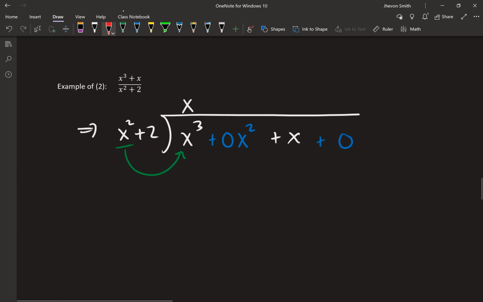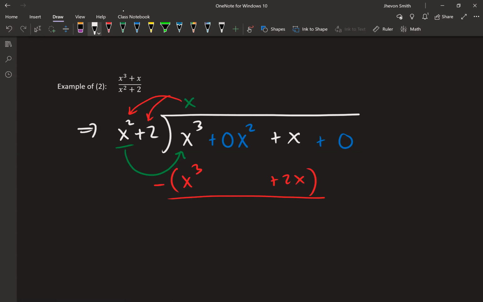Then you take that and multiply it by everything here, and put the result below. So x times x squared is x cubed, and x times 2x is 2x. You write that result below, and you subtract that from above.